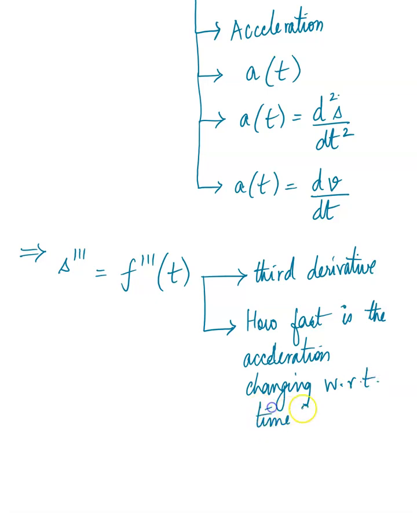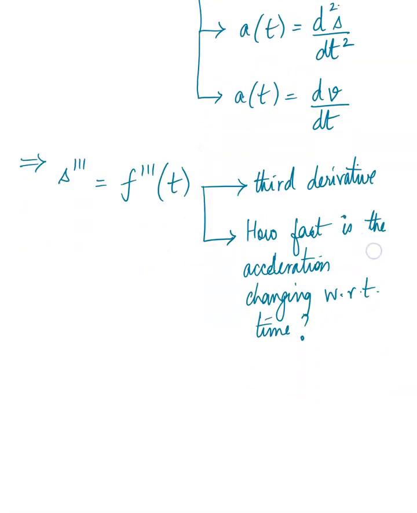Each time it's always with respect to time, because that's the one constant thing over which we're seeing all these changes. So how fast is the acceleration changing? So you are kind of picking up that speed or lowering that speed, and if you make changes to that, the word for that is actually jerk.